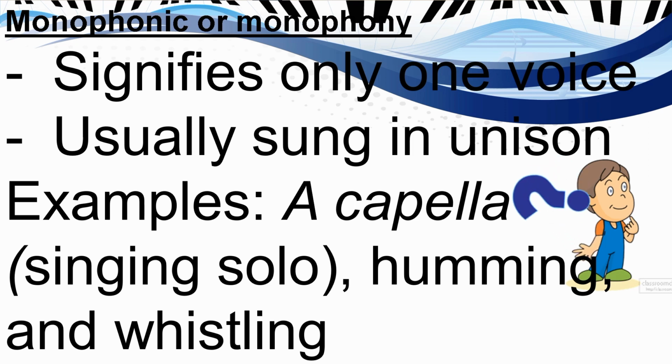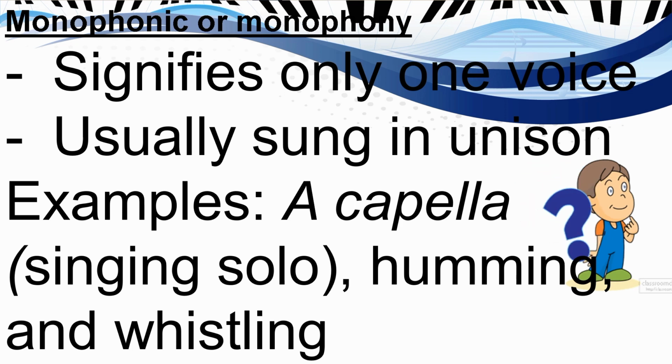It is very clear that it is said, usually sung in unison. The word unison means one voice, one melody. Okay? Another example is when you hum. Humming, there are no words.